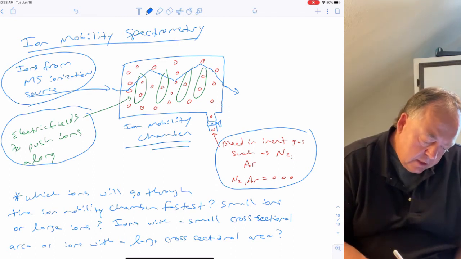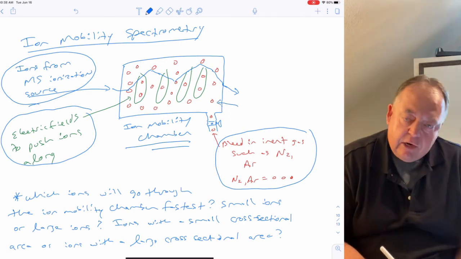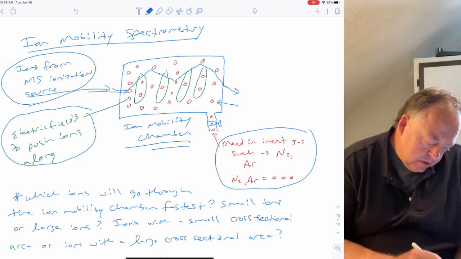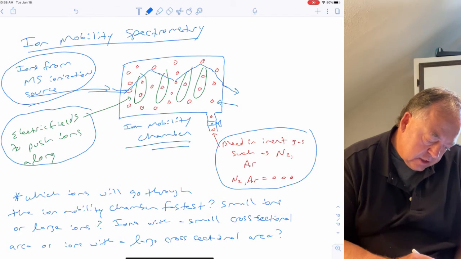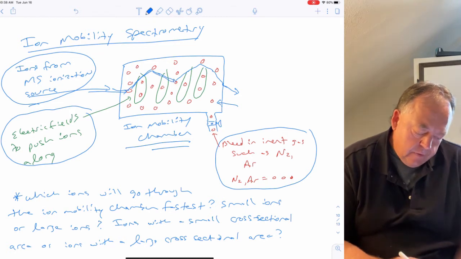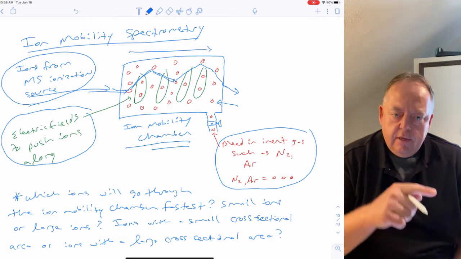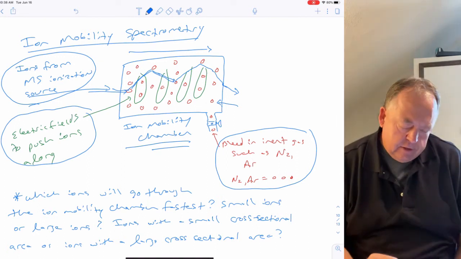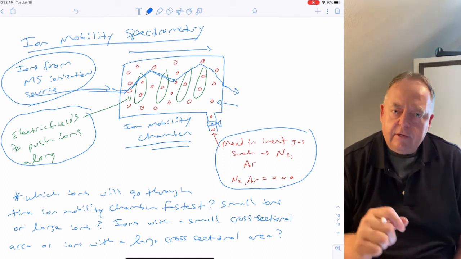All of these red dots represent an inert gas. Your molecule comes in and hits one of these inert gases, and that causes its path to change. Then it hits another inert gas, and its path changes again, so it doesn't just fly straight through the ion mobility chamber, because it's constantly bouncing off of the inert gases.